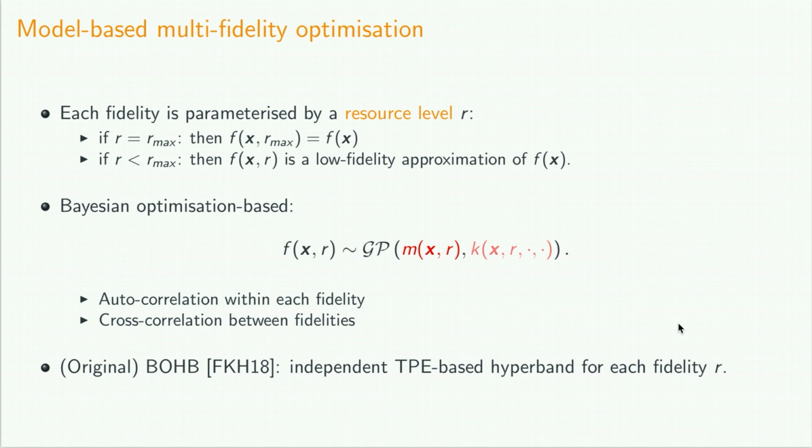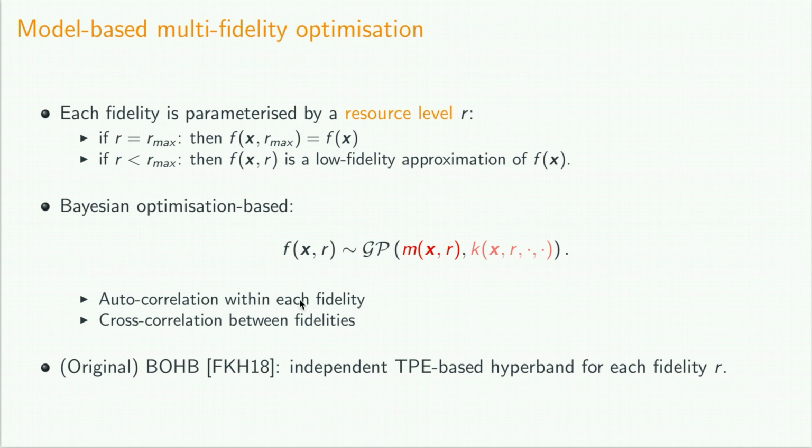So here, if we think about Bayesian optimization, for example, with Gaussian processes, one can consider the case where the target function is parameterized by a configuration of hyperparameters x as well as a resource level, the amount of resources that are going to be spent on this particular configuration.